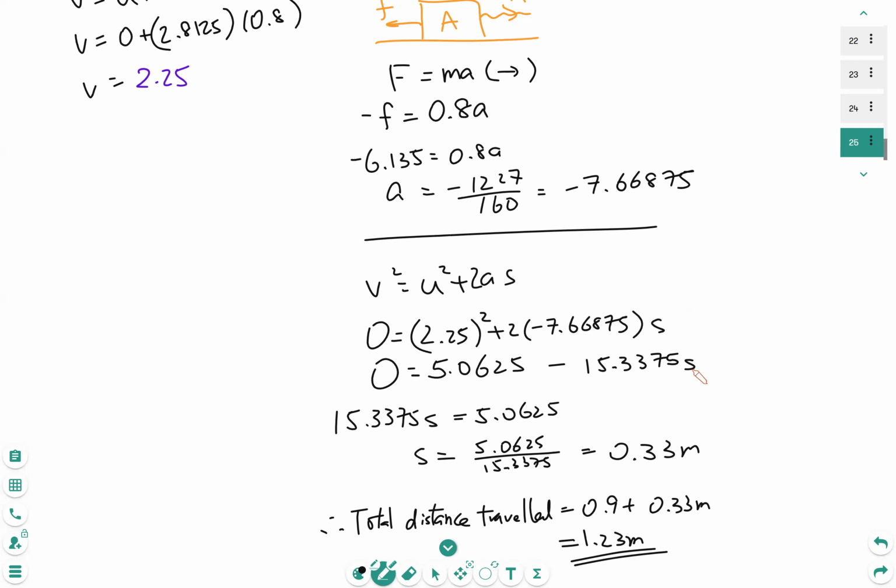It looks like a 5, but actually it's an S. Bring it over to the left-hand side. Actually, let me change it into an S. I'll use a different color just to illustrate. So that's an S. And S equals 0.33 as you've calculated, so the total distance will be 1.23 meters.